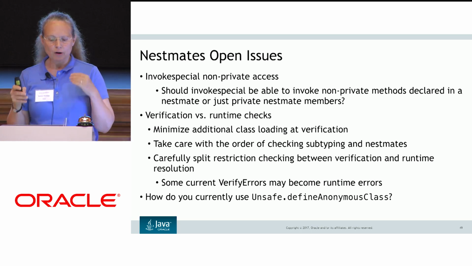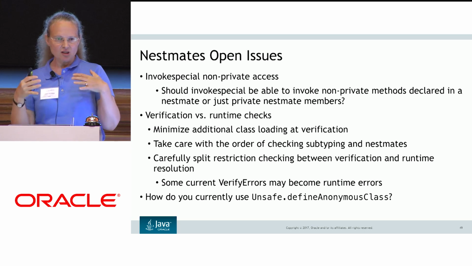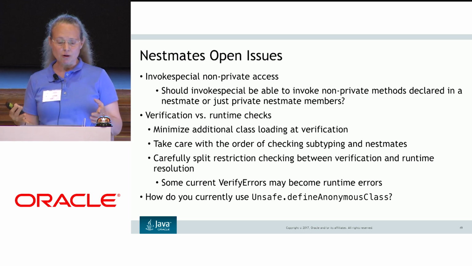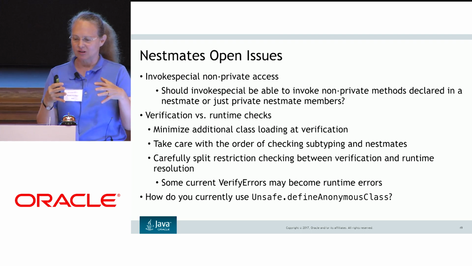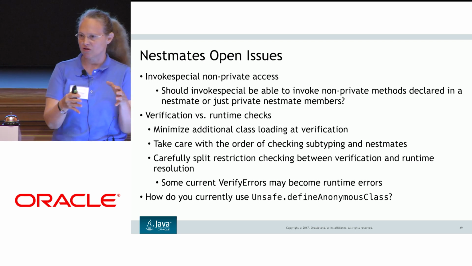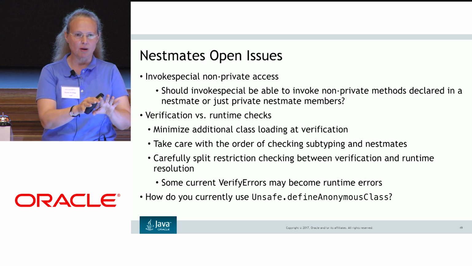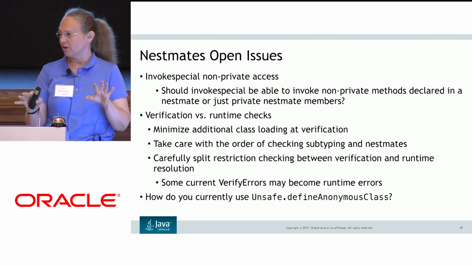We are also working hard on, this is an implementation issue, minimizing additional class loading at verification, because that slows down all your class loading and your startup time. So we're being careful, we're checking the restrictions. We might have to evolve what is checked at verification time versus runtime. So something that is now a verify error may become a runtime error.